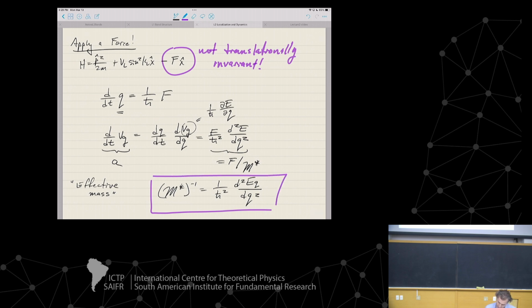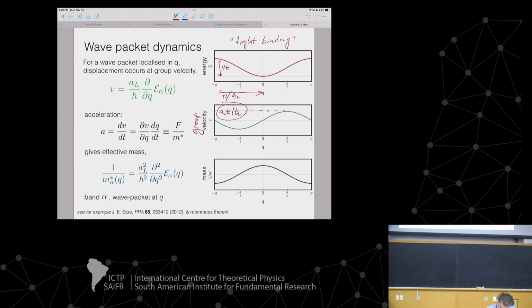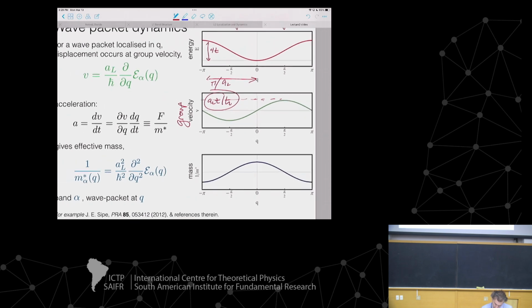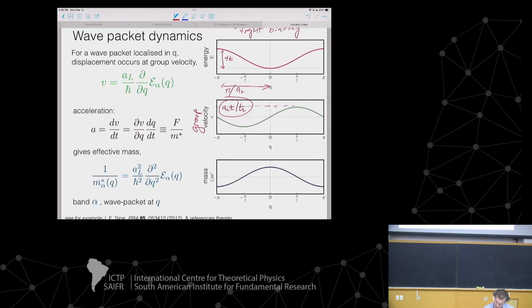Now, effective mass is a strange thing. Let me show you why it's strange. If I take, for instance, this tight binding relation, then if I place myself here, everything looks great. I have a velocity which is linear in momentum, which is just like free space, and I have a mass which is a positive value.